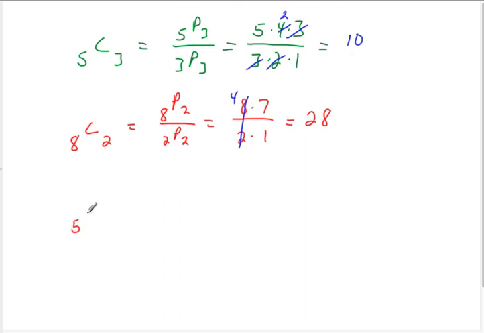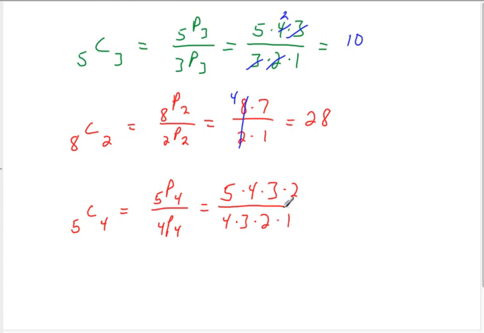Okay, let's try one more and I think we could be done. Let's say 5C4. Okay, 5C4, we have 5P4 over 4P4. And so we go 5 times 4 times 3 times 2 over 4 times 3 times 2 times 1.